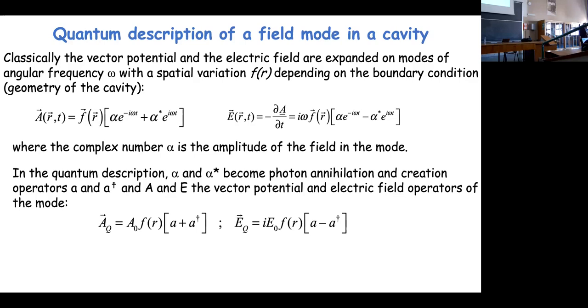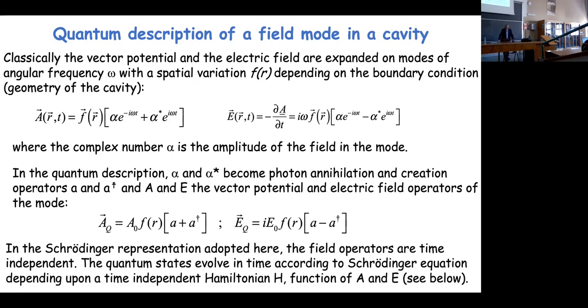What is dependent on time are the quantum states. The state of the field will be dependent on time through the Schrödinger equation. And in the Schrödinger equation, the Hamiltonian will depend on electric and magnetic fields independent of time. So this is the connection. The quantum state evolves in time according to Schrödinger's equation, which depends upon a time-independent Hamiltonian, which is a function of A and E.